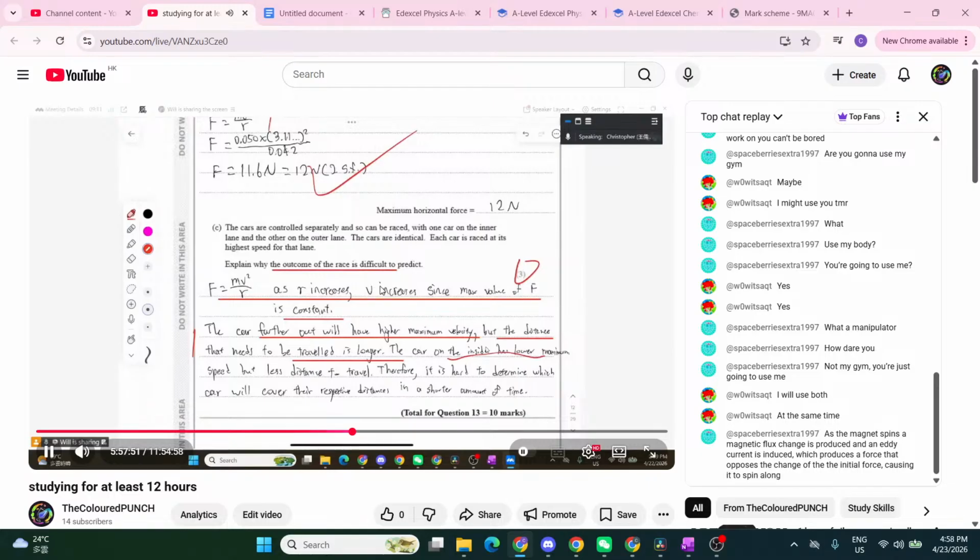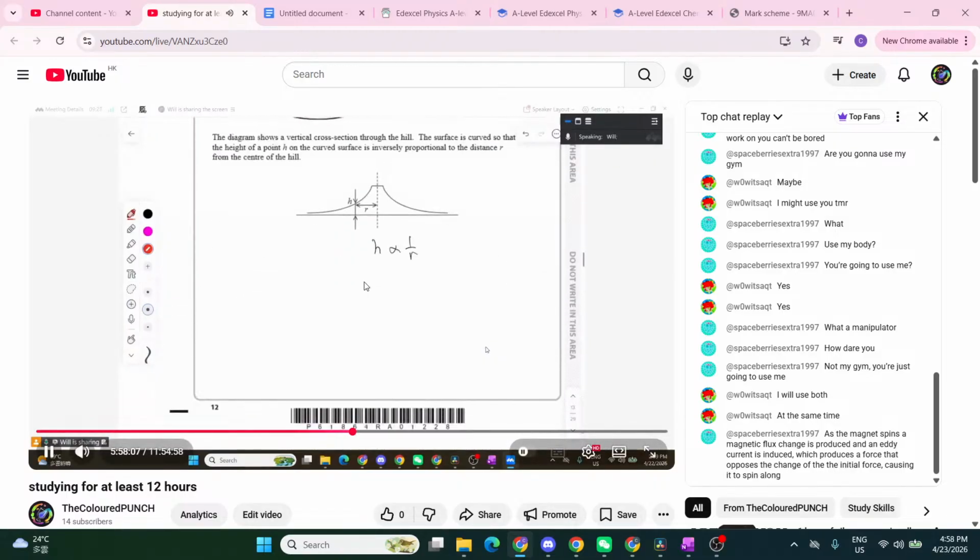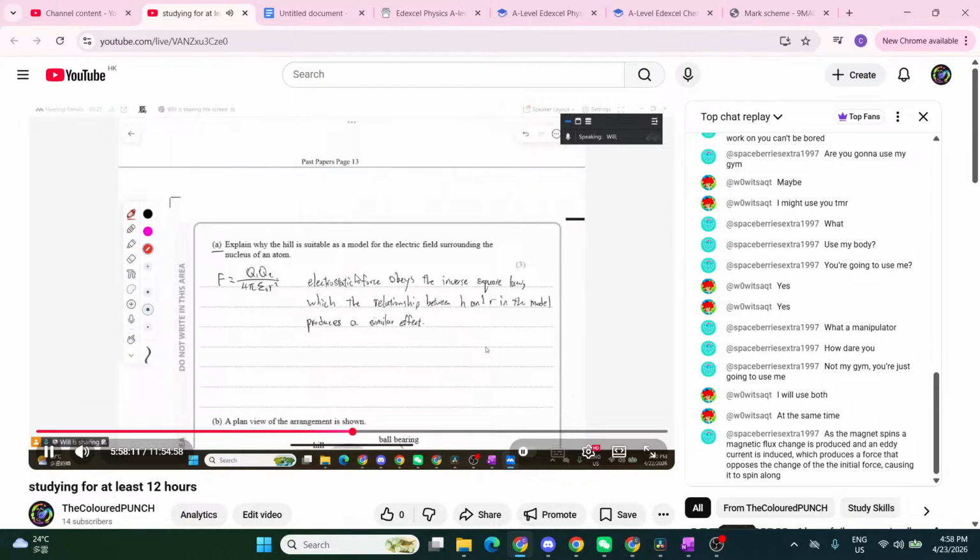Okay, no problem. And for this one, the graph, and we know, the other one asks to explain why here is suitable.